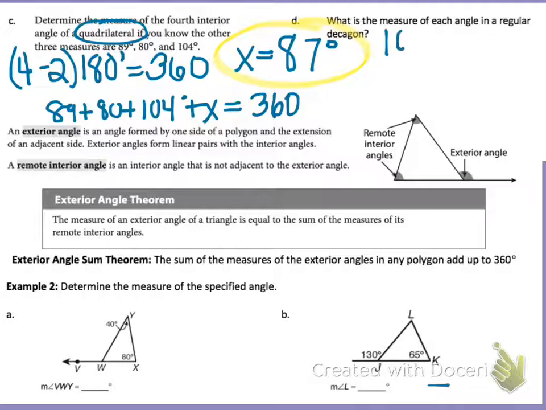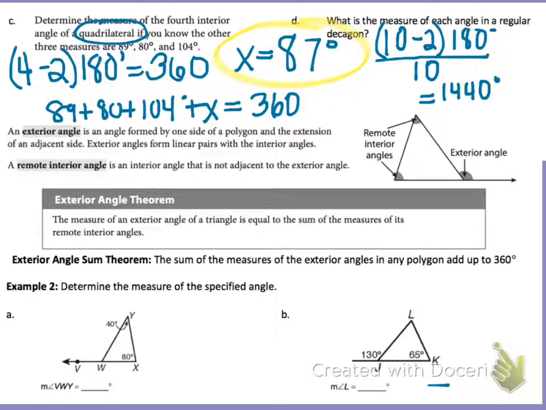So all the angles in the decagon add up to 10 minus 2 times 180 degrees, which would be 8 times 180, or 1440. And then because there are 10 angles that are all the same in that figure, to find each individual one, all we have to do is divide by 10. So that would give us 1440 for the sum divided by 10 angles. Each one of those angles would be 144 degrees.